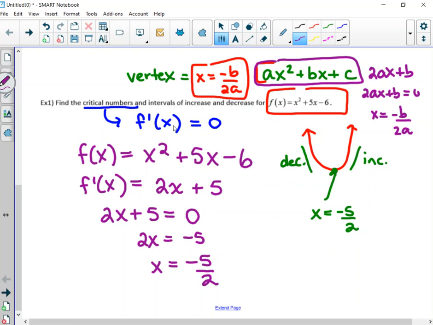We don't want to know this just about a parabola, though. We want to be able to do this for any function, so that functions that have multiple terms, like higher degree polynomials do, something that has 2 or 3 or 4 terms, we have the ability to determine exactly where those changes from decreasing to increasing or increasing to decreasing are, at the critical number.